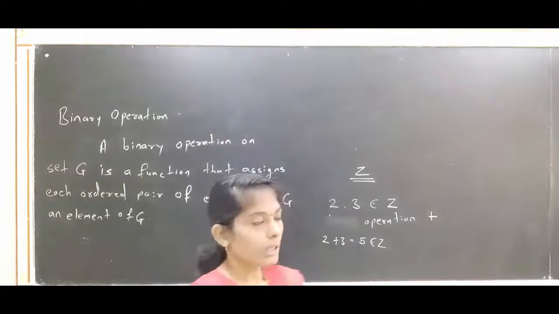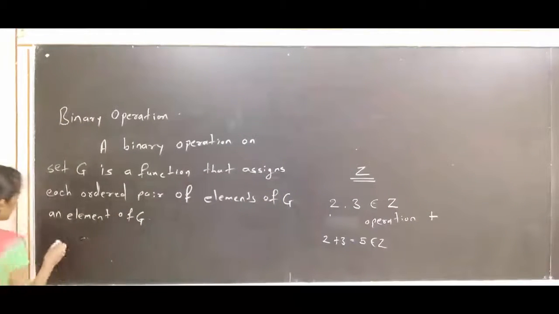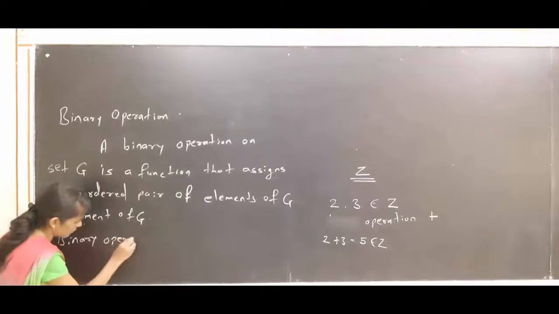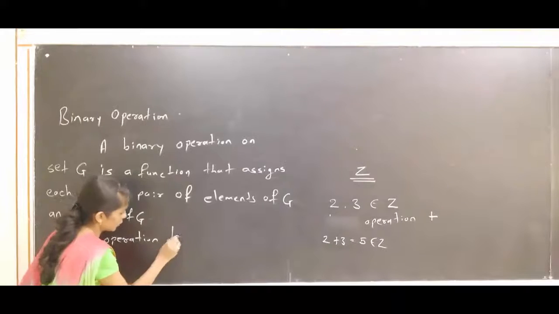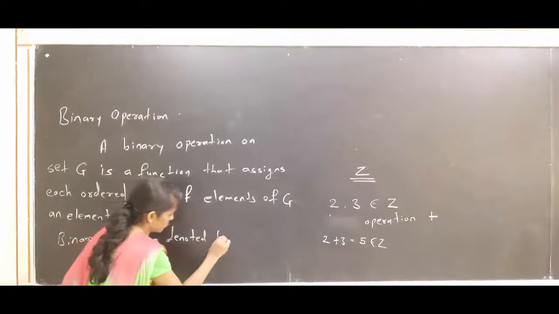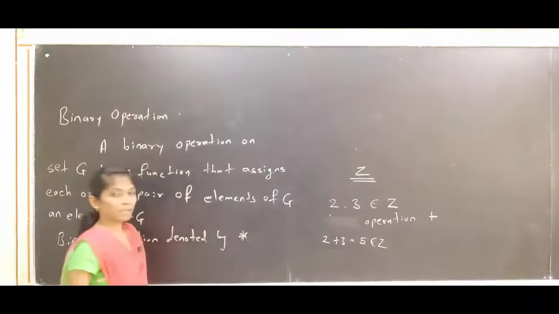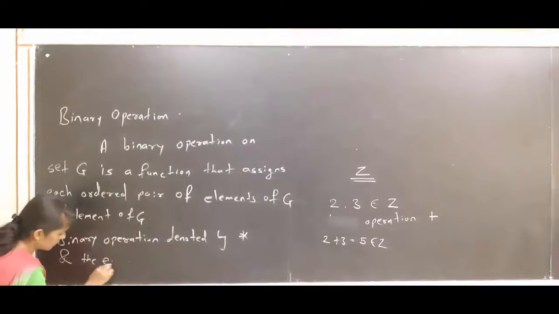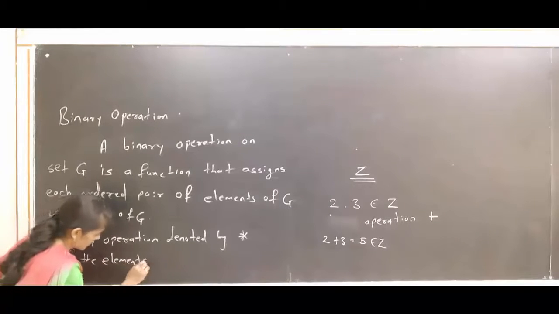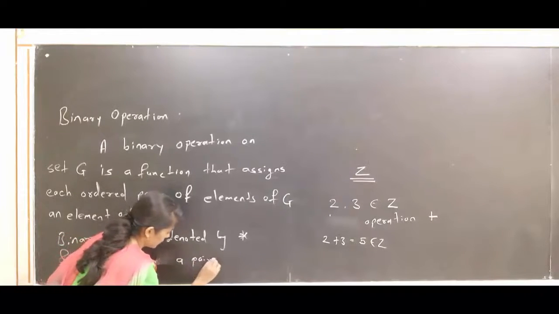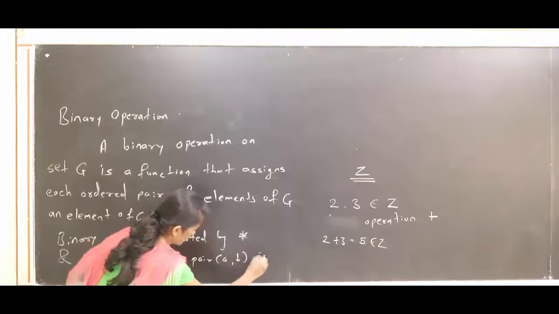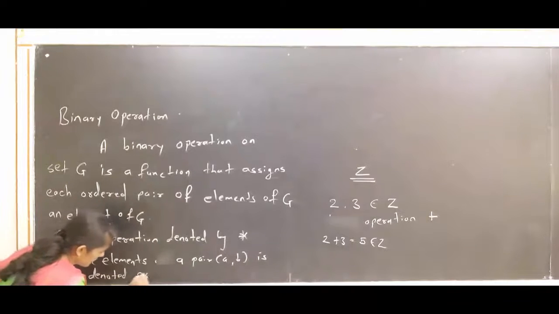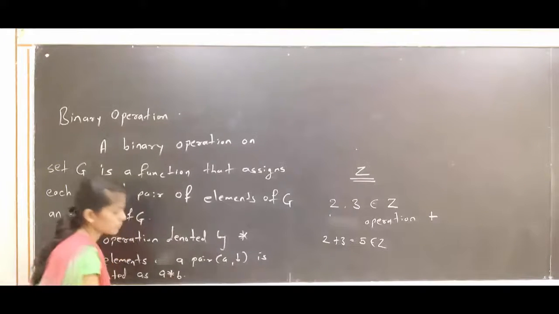Okay, so here a binary operation is denoted by star, and the ordered pair (a, b) is denoted as a star b.